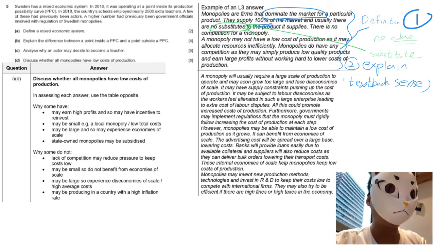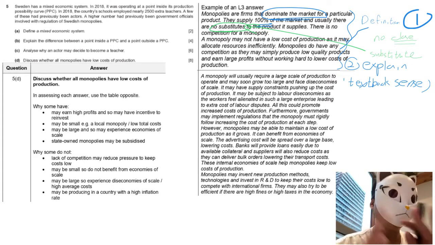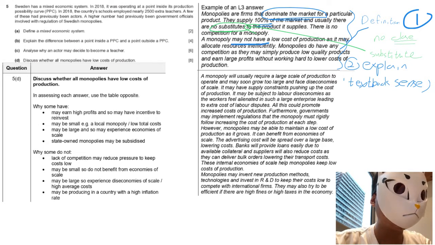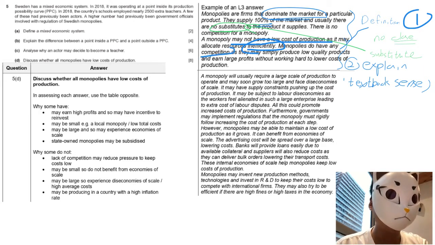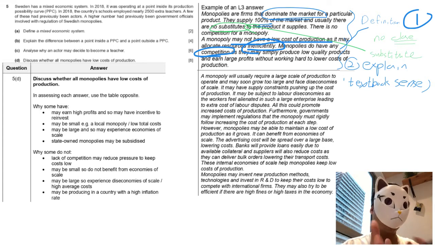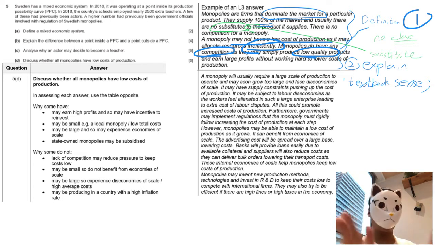So in our textbook, we have always discussed that they might not have a low cost of production. Say for example, there is inefficiency, and also there might be competition, and also quality. So the textbook tells us they do not always have a very low cost of production.